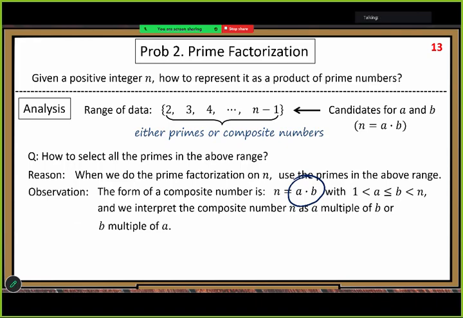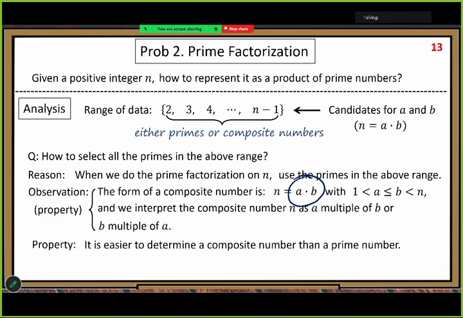Now we want to apply this new view to help us remove all the composite numbers, all these product forms in this list. If we cross out all the composite numbers, the remaining numbers are primes. That's simple.